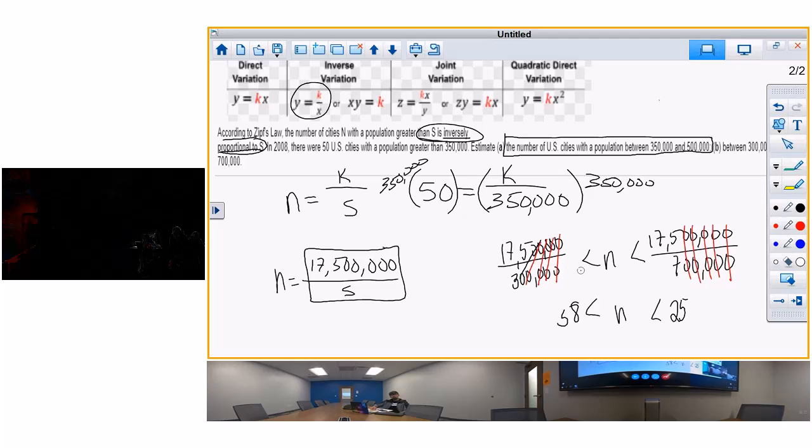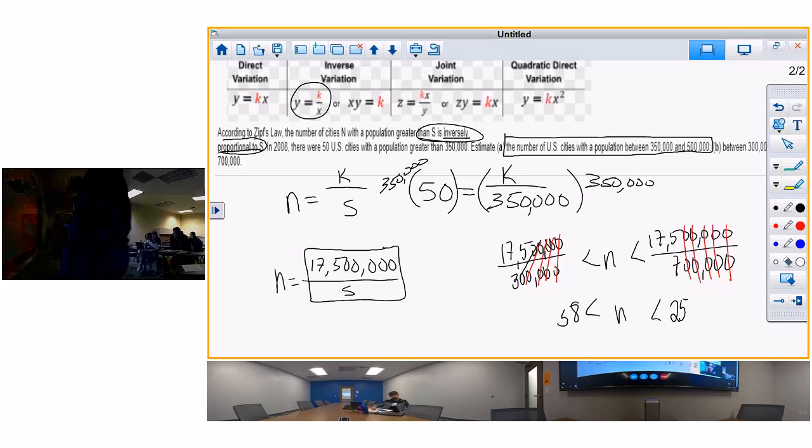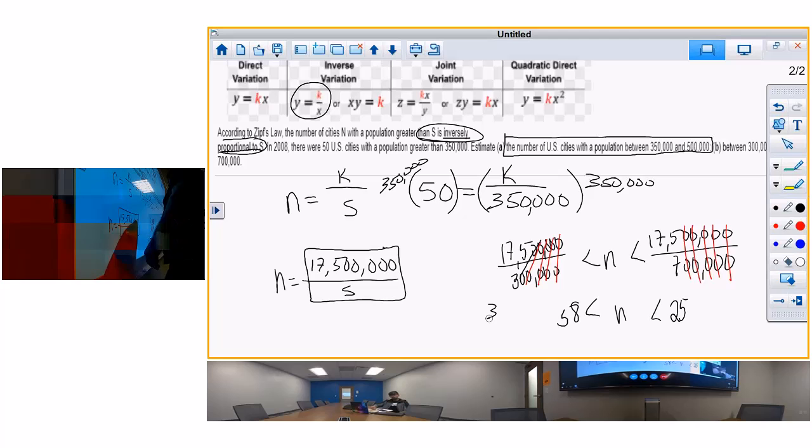There it is. What did I get on the first one? I got 58 and 25 here. Somebody give me the other one. What did I get on the first one? 5 and 35. 35 on the right, and 5 here. This one.